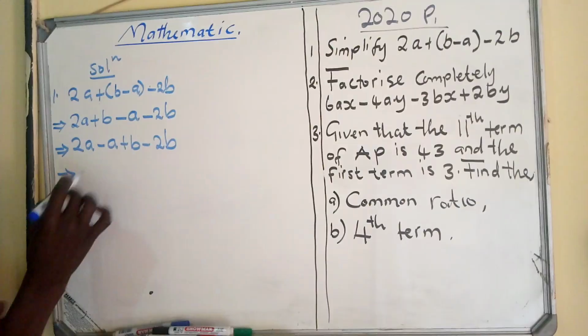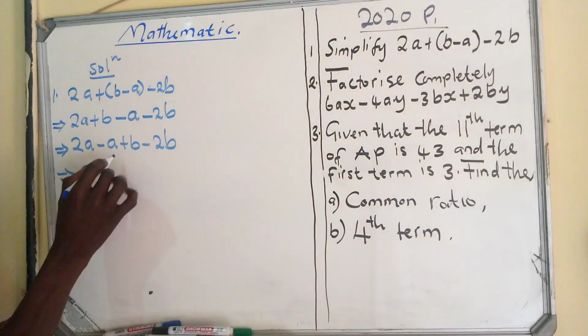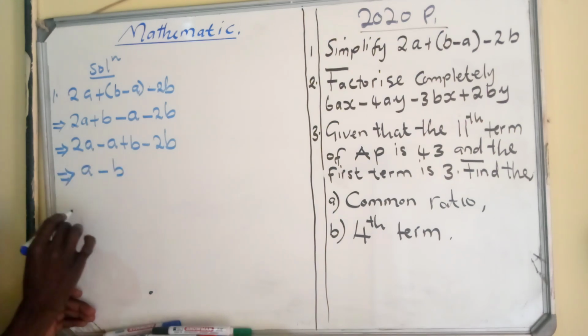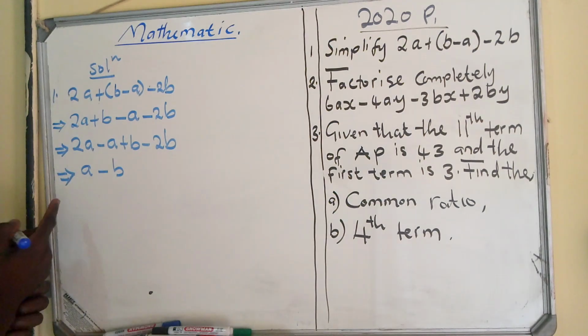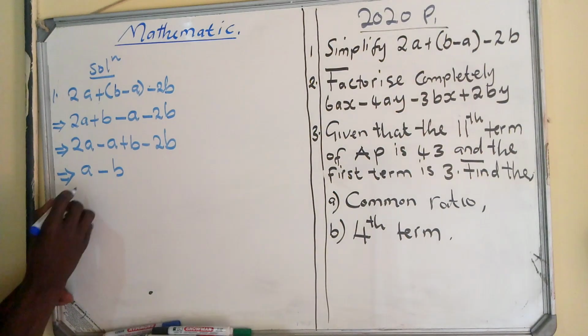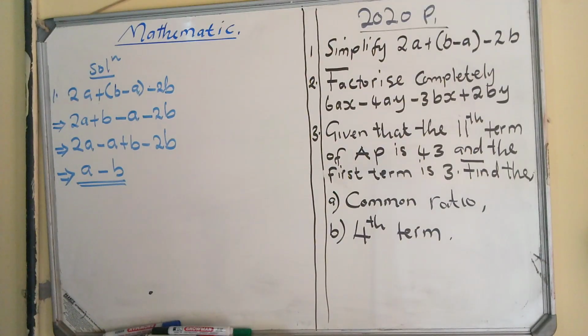So 2a minus a, we're going to remain with a. And then b minus 2b, we're going to have negative b. So now, a and negative b can't be subtracted or added because they're not like terms. Therefore, we are going to end there. So that is 2 marks already.